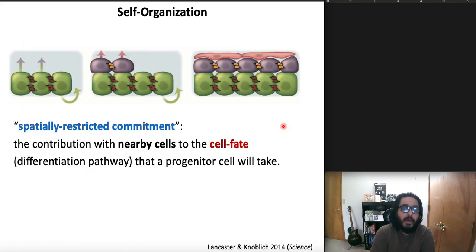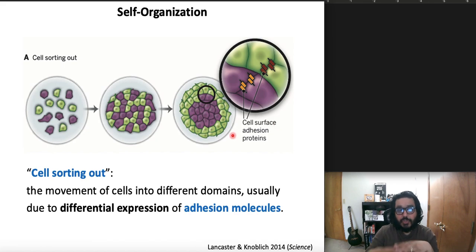Okay. That then leads to this idea of spatially restricted commitment, which is that once the cells have started to organize and sort themselves into specific areas where one cell type exists next to another cell type, then they start to differentiate. This earlier stage is still a pretty early process of the organoid formation. This is still mainly stem cells and progenitor cells that are just connecting to each other.